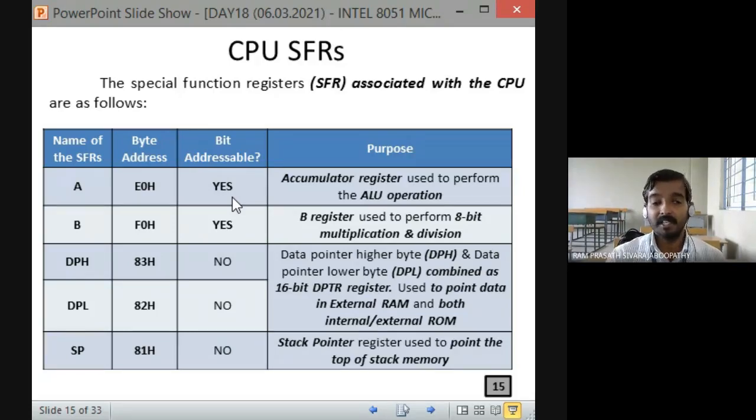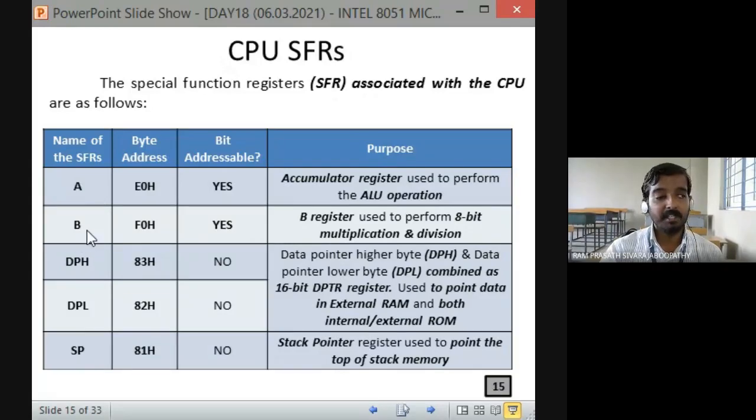That means each bit of the accumulator can be accessed separately, that we call bit addressable. So A stands for accumulator register, used to perform ALU operations. Like your 8085 microprocessor, here also the accumulator is used for performing arithmetic and logical operations. One of the operands must be in the accumulator, which we will discuss later.